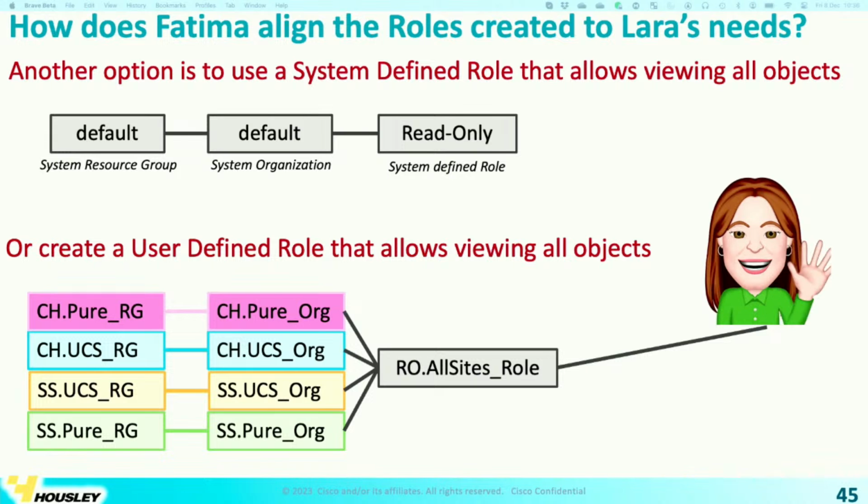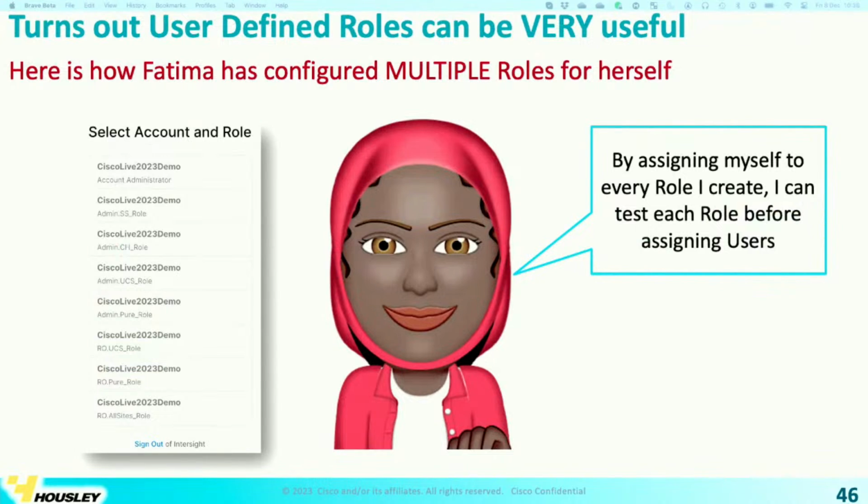She'd be happy. Now, as I said, those user-defined roles can be very useful. In fact, Fatima, when she was creating all this stuff, assigned herself to multiple roles so that she could test them as she was going. Okay, she's got all of these things. She's got the account administrator that does everything. But she can also assign herself to all of these other roles.